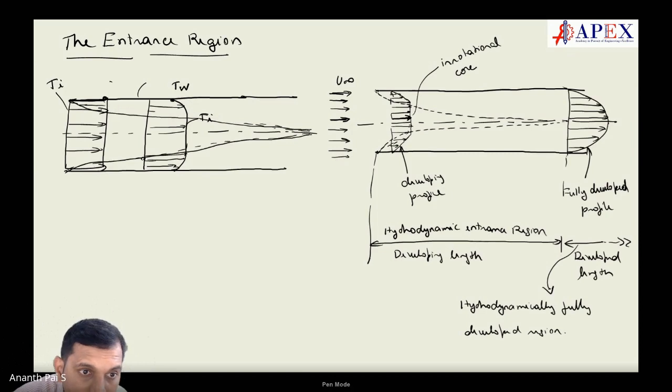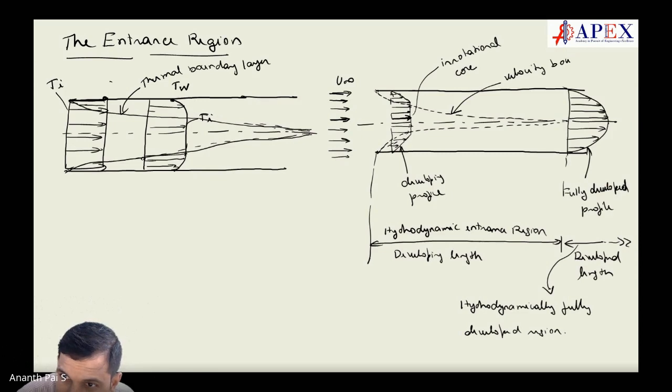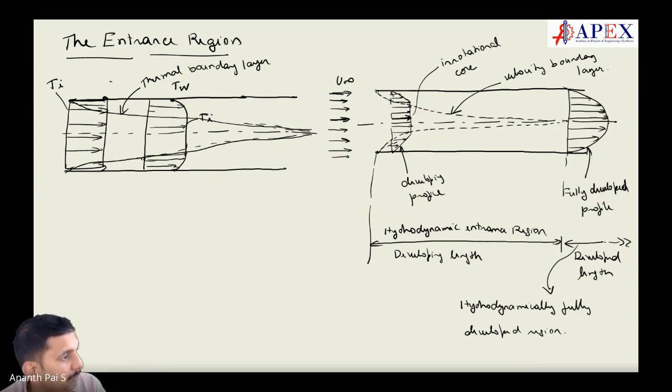Very important. And this is the velocity boundary layer. So we have both the thermal boundary layer, thermally developing length, and hydrodynamically developed length.